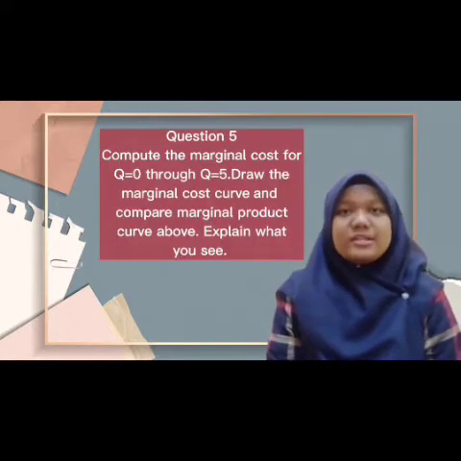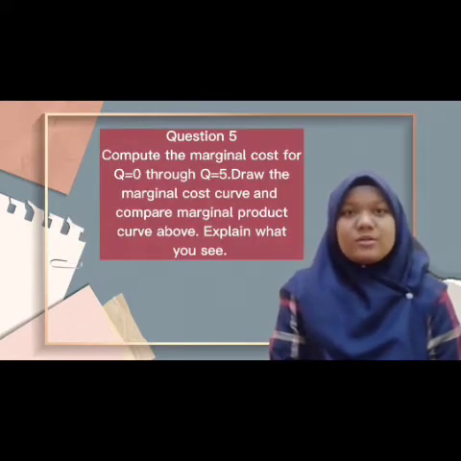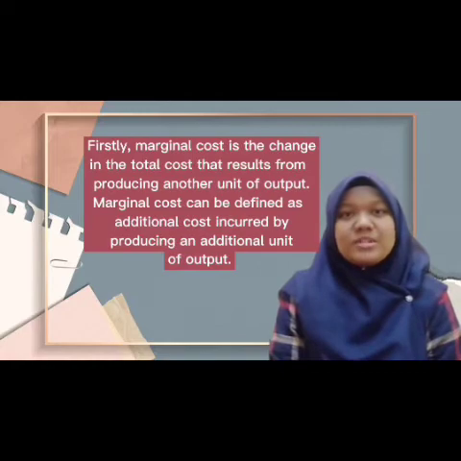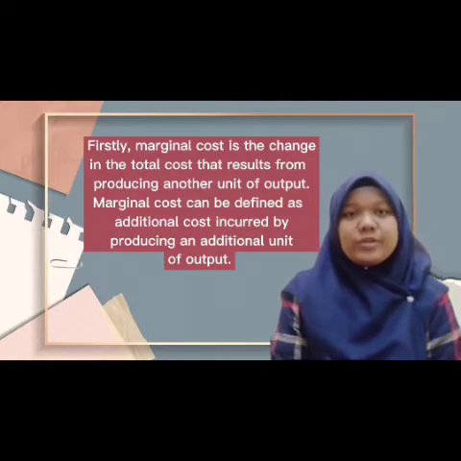The question is, compute the marginal cost for Q equals 0 through Q equals 5. Draw the marginal cost curve and compare it with the marginal product curve above. Explain what you see. Firstly, marginal cost is the change in the total cost that results from producing another unit of output.